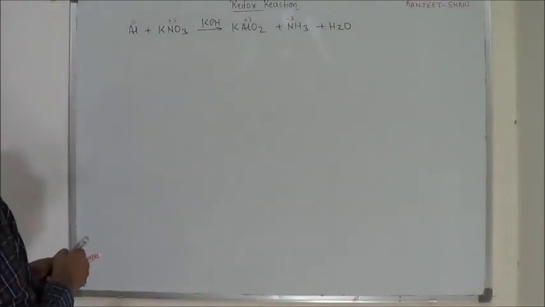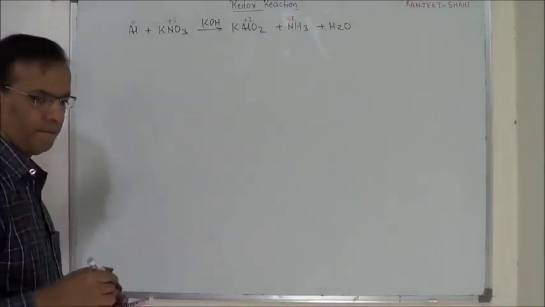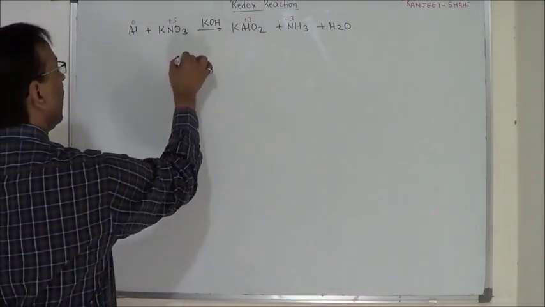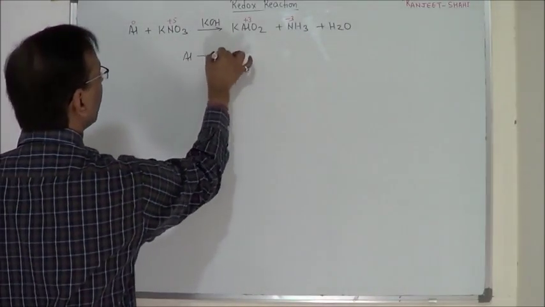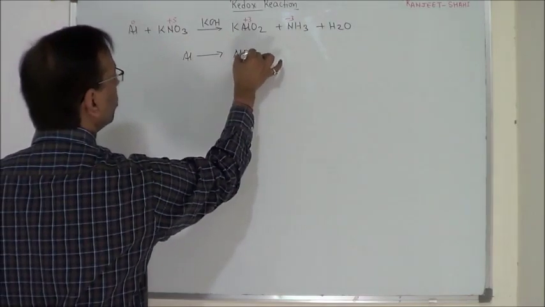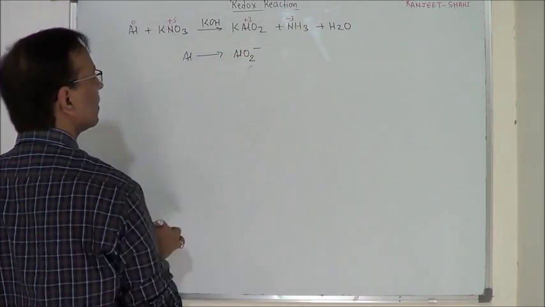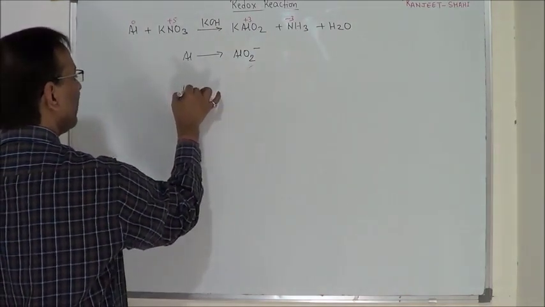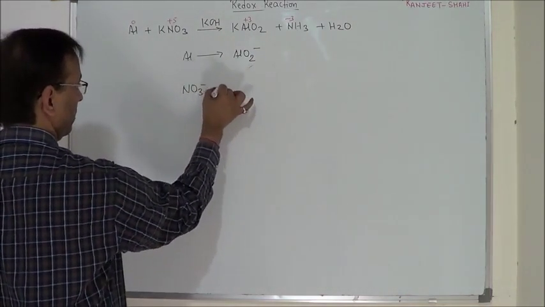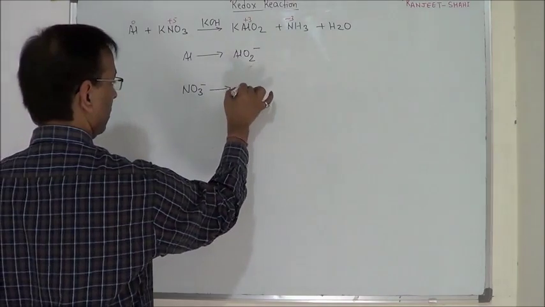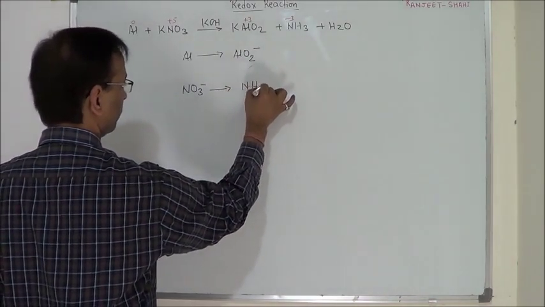So if we write the half reaction, we would obtain aluminum giving AlO2 minus, and nitrate ion giving ammonia.